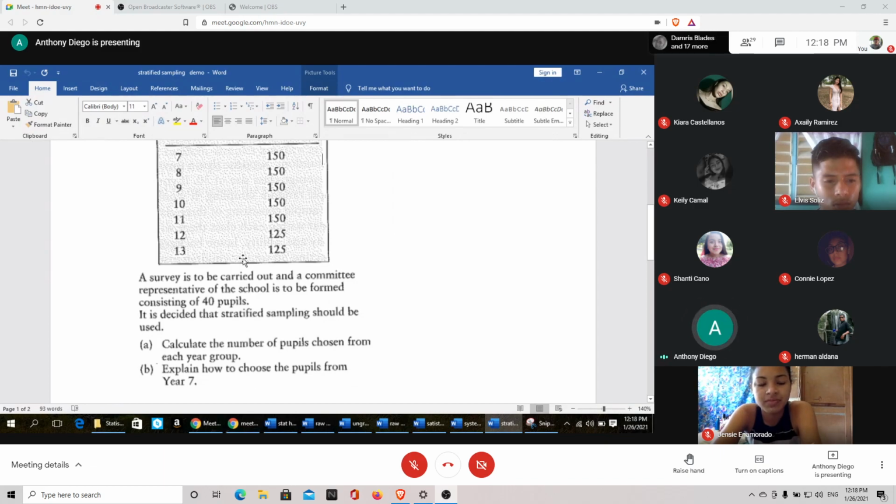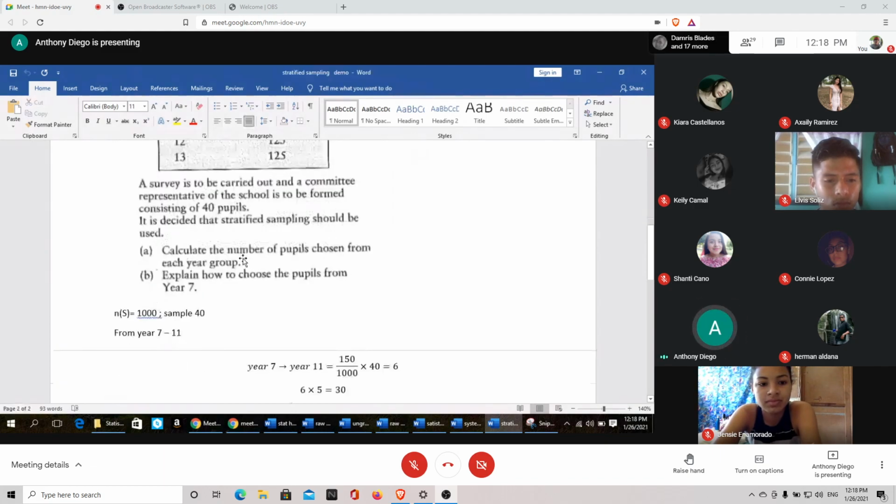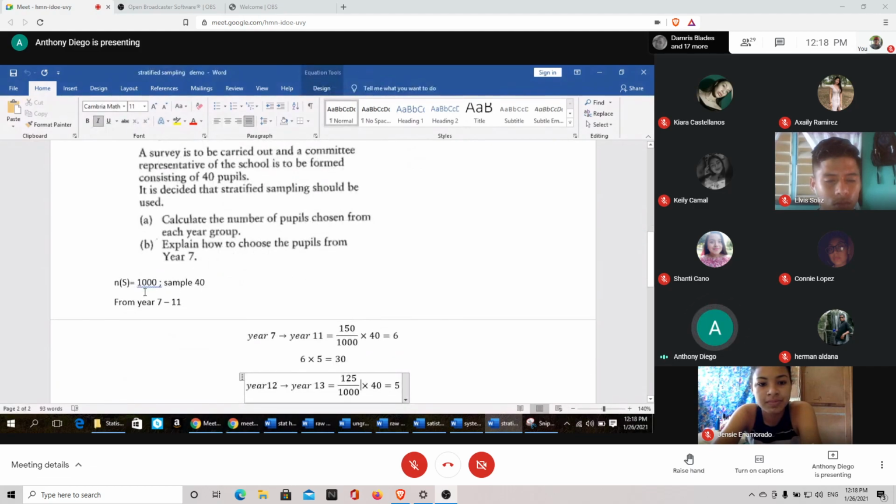So let's go to the calculation. If you notice, the population was 1,000 and the sample was 40. So what I did is from year 7 to 11. I said year 7 to year 11, which includes 8, 9, and 10, equals 150 over 1,000 times 40 equals 6.